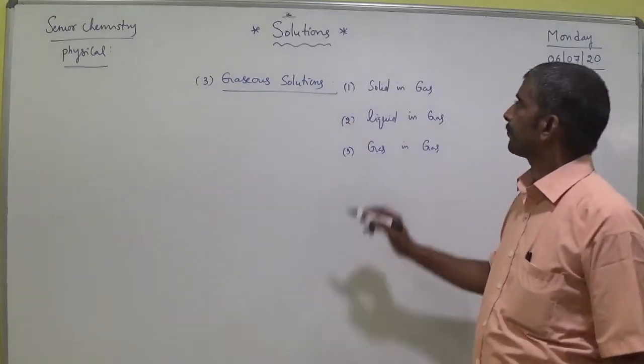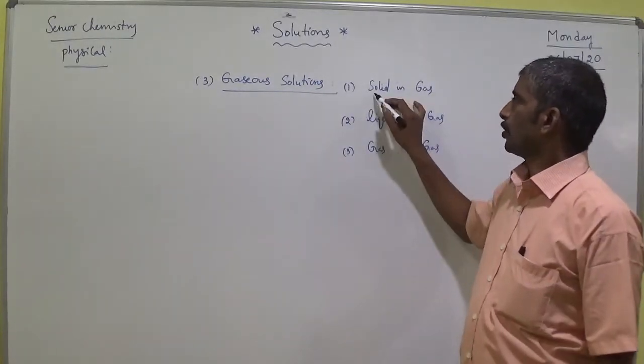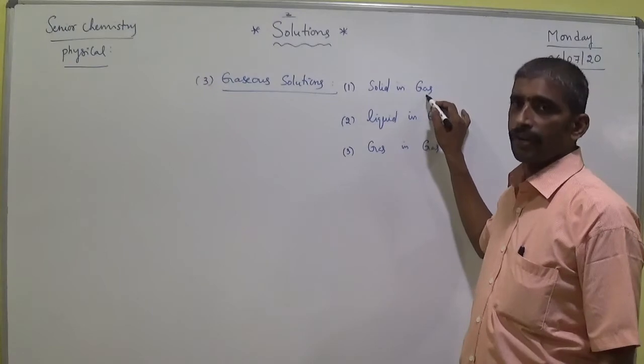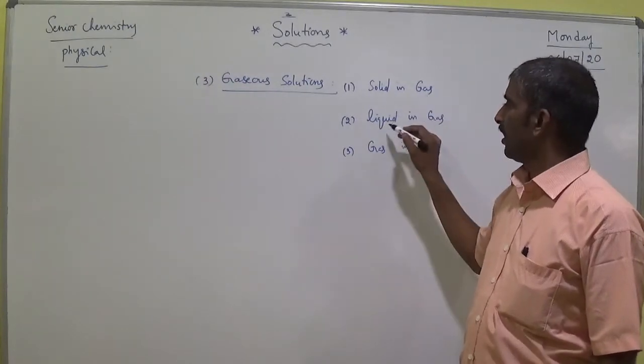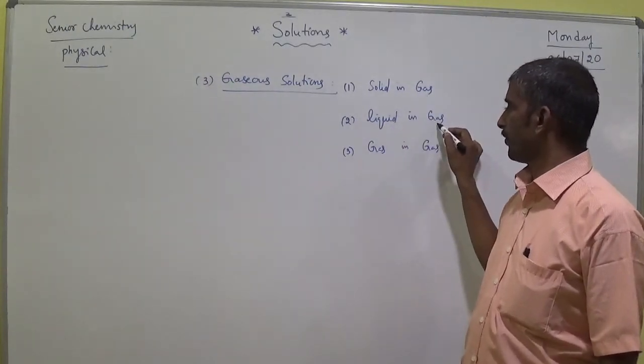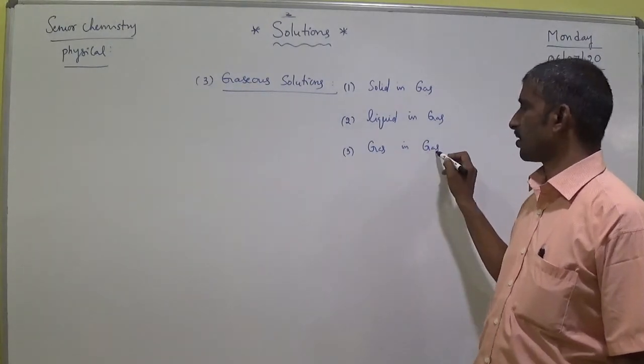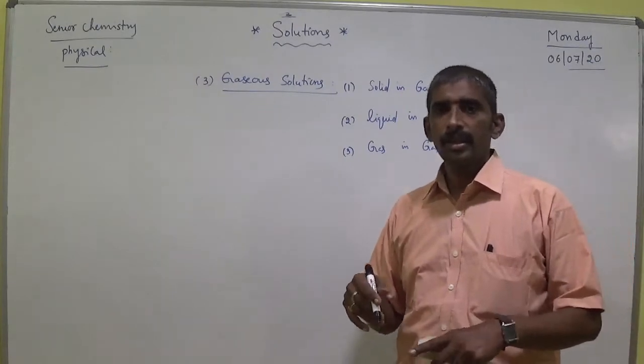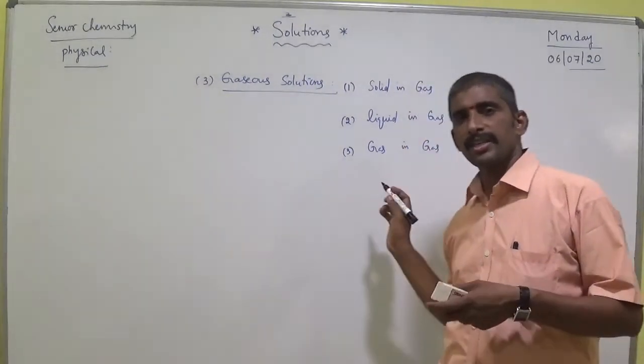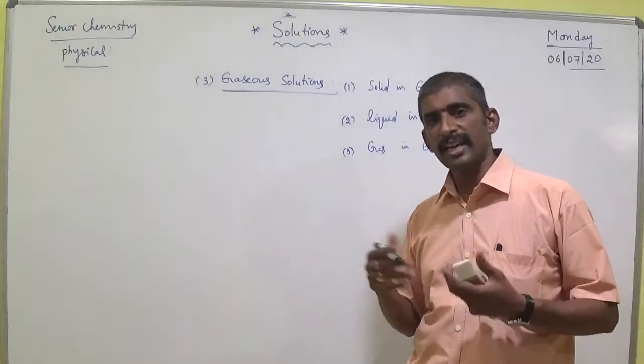Solid in gas: solid is the solute, gas is the solvent. Liquid in gas: liquid is the solute, gas is the solvent. Gas in gas: here both solute and solvent are in the gas state.